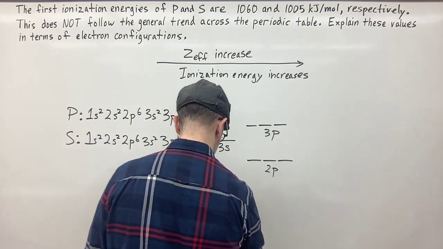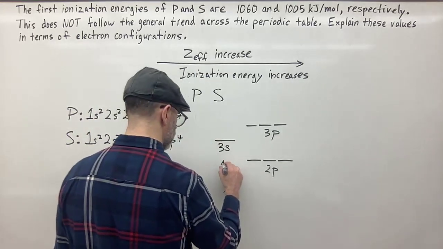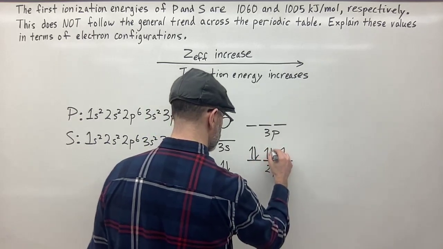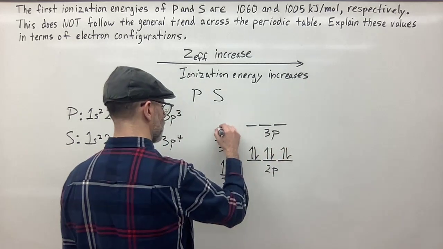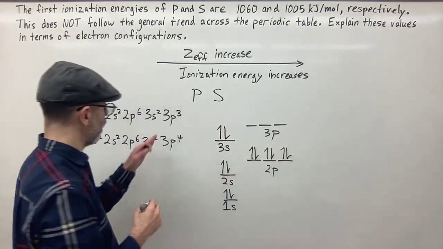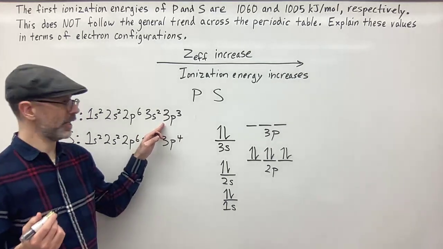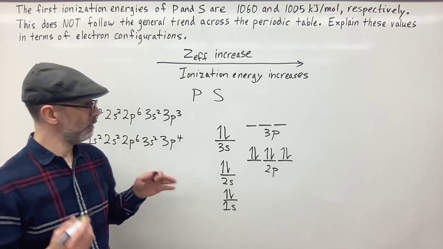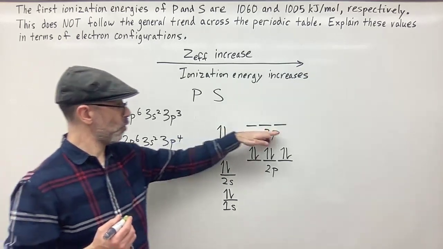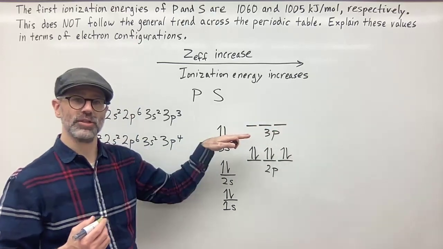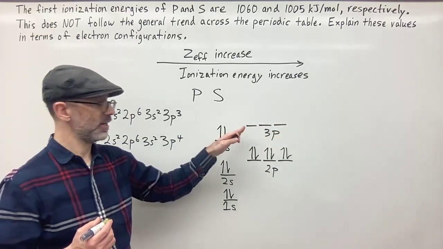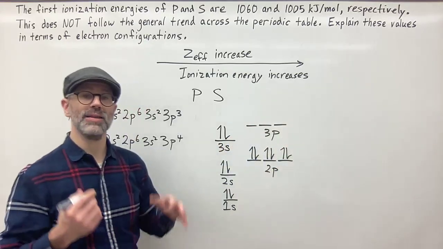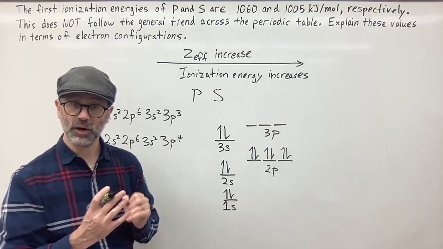So we're going to add electrons, spin up, spin down, and so on. Now for phosphorus, it only has 3 electrons in the sublevel. Now, according to Hund's rule, if you remember, if you have 3 orbitals that are at the same energy level, the rule is that you fill in 1 orbital at a time with 1 electron, all the same spin, before you pair them up.